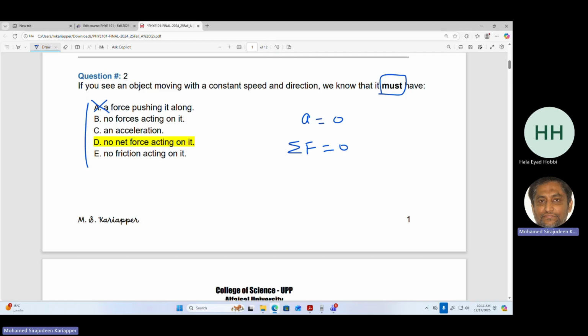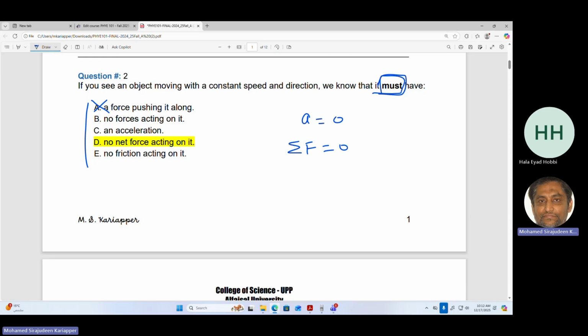No forces acting on it. Okay, so it is not strictly true. Of course, when there are no forces acting on it, the velocity will be constant, acceleration will be zero. But when you say must have, we can have many forces acting on it, but with the net force equal to zero.